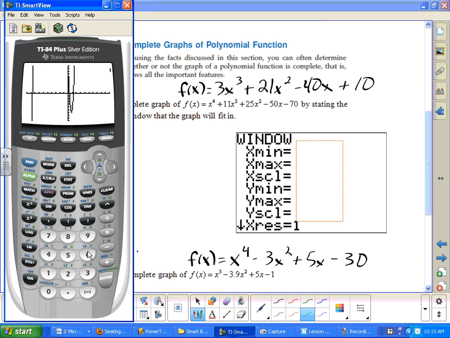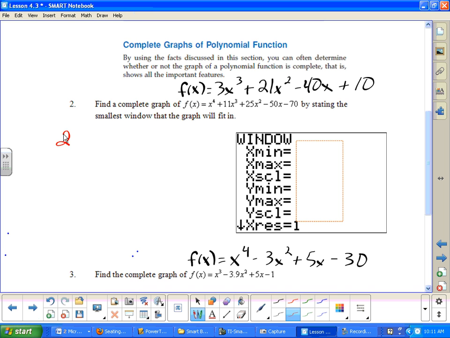And now, this is a cubic function. So with the cubic function, I should be able to see at most, okay, 2 extrema and 1 inflection point. And possibly 3 zeros.